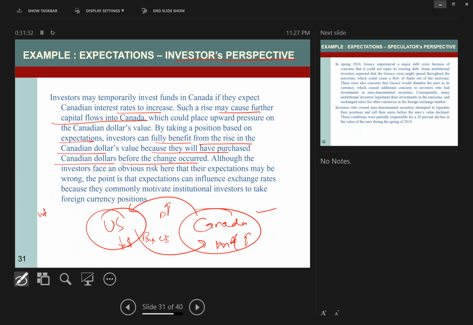One is interest, and one is due to appreciation of the Canadian dollar, the currency gain as well. Right? So although the investors face an obvious risk here that their expectation may be wrong, the point is that expectations can influence exchange rate because they commonly motivate institutional investors to take foreign currency positions.